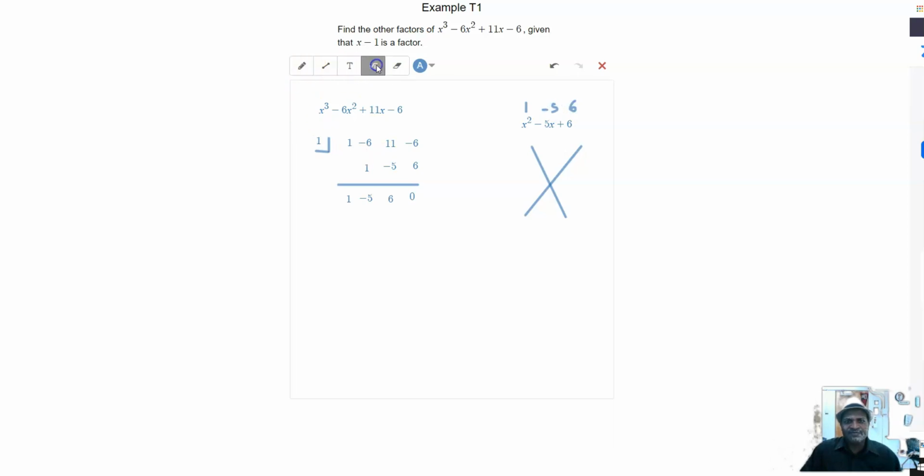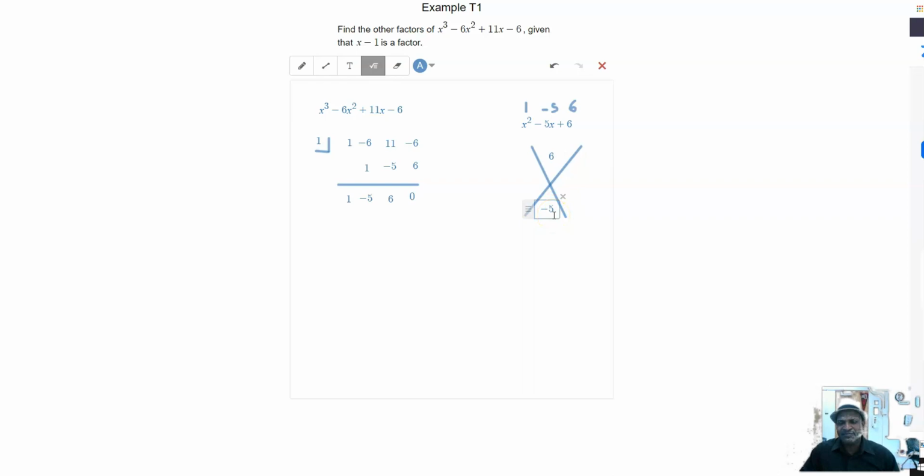So what I'm looking for is AC goes here. So 6 times 1 goes here. That's AC. B goes here, which is negative 5. And I'm looking for two numbers that multiply together to give you positive 6, but add together to give you negative 5.